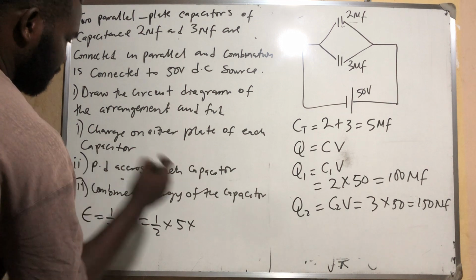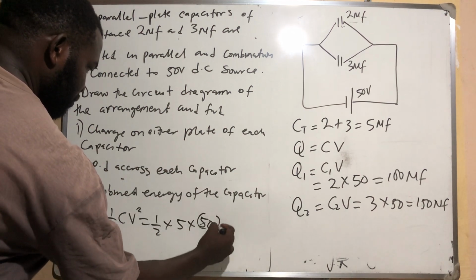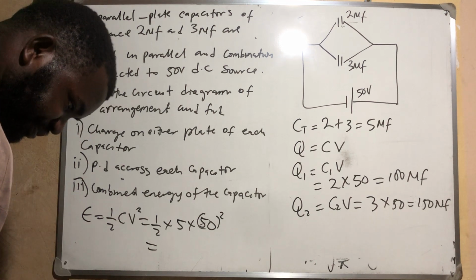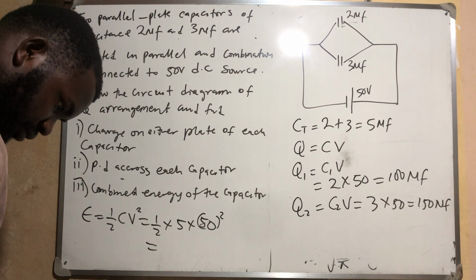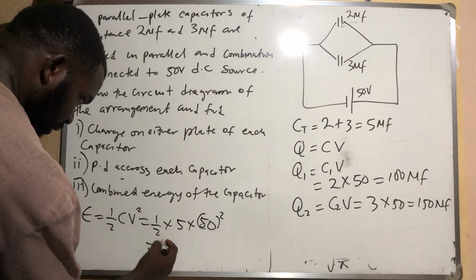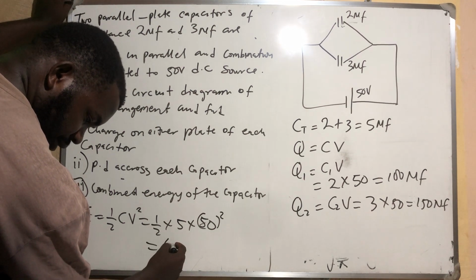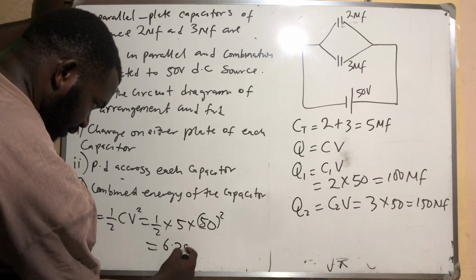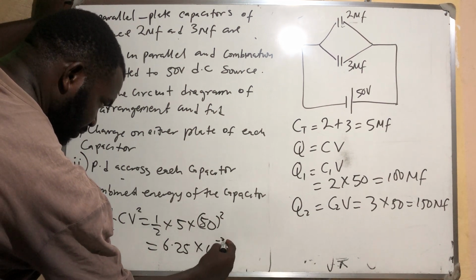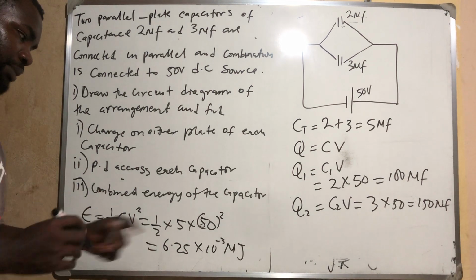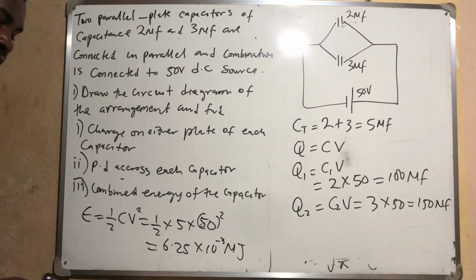My V is 50, so 50 squared. So if you do everything, you're going to get 6.25 times 10 raised to power minus 3 micro joule. Why did I put the mu? Because I'm just using 5, and this 5 is in mu. So that is that.